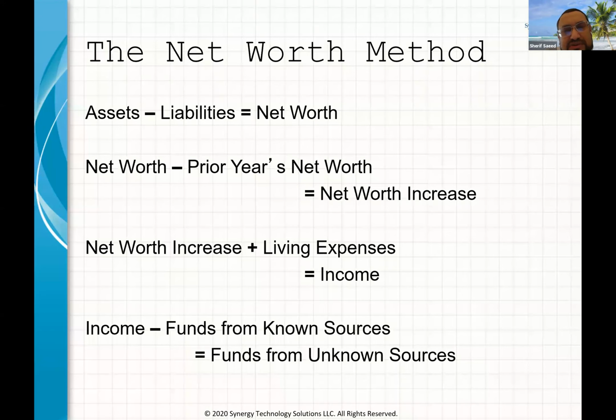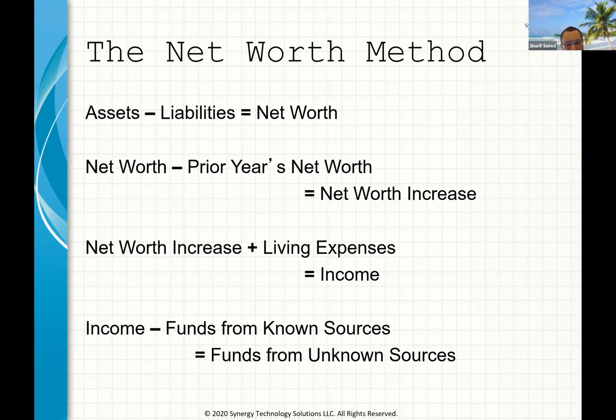All the information that we discussed so far is to gather information about the individual. At the end, you want to know whether the person has done any illegal transaction or not. So how do you get to that calculation? Very simple. You take assets minus liabilities equals net worth. The individual's assets: I have a house, I have land, I have a car, I have investments. I add all those asset values together, and then I take the liabilities out.